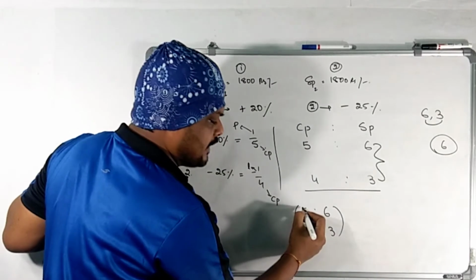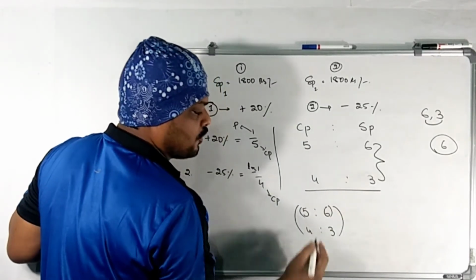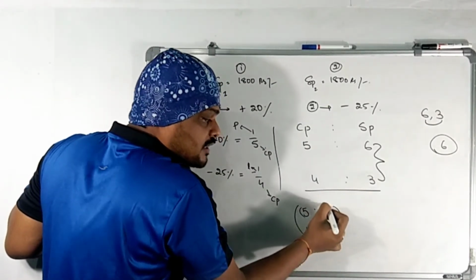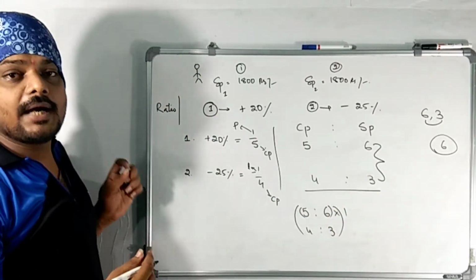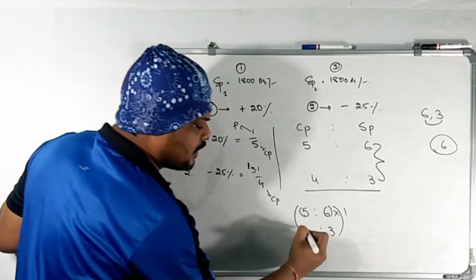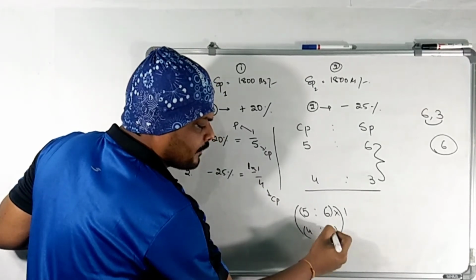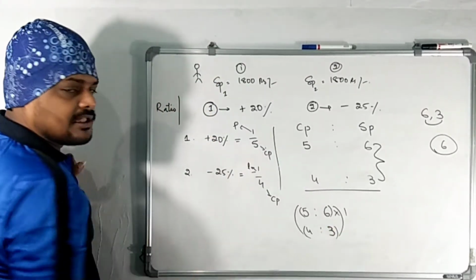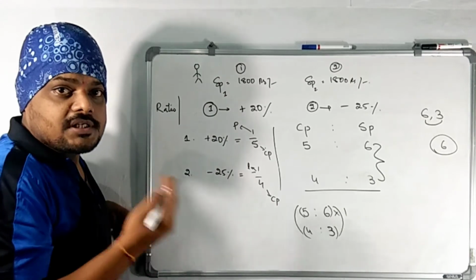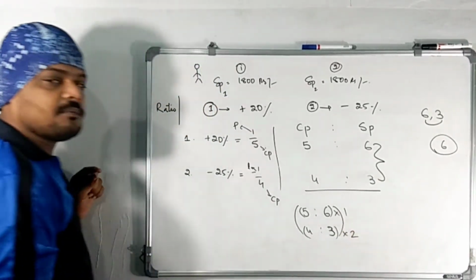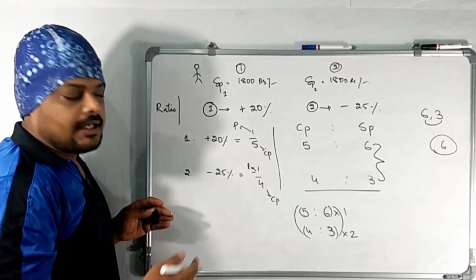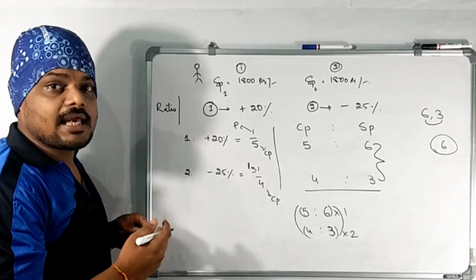For making the first selling price into 6 units, I need to multiply it by 1. And for making these 3 units into 6 units, I need to multiply by 2. After multiplying, I will get the selling prices as equal.